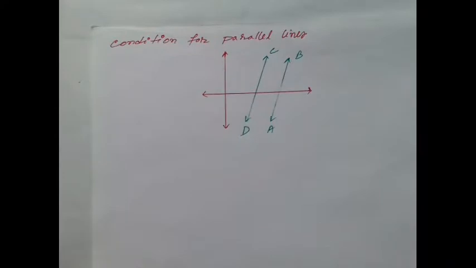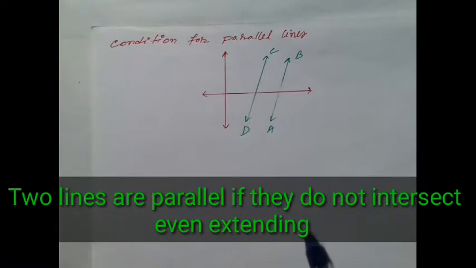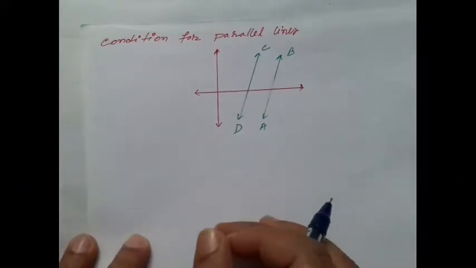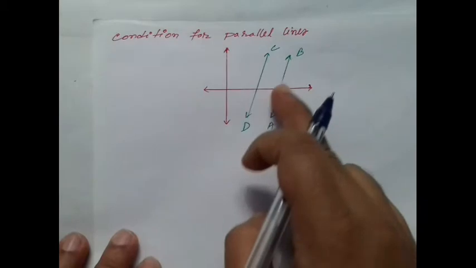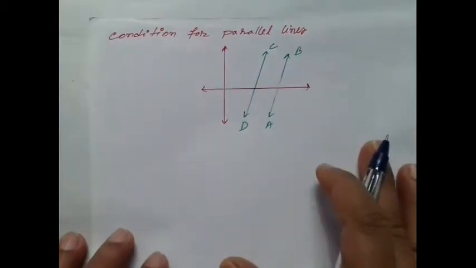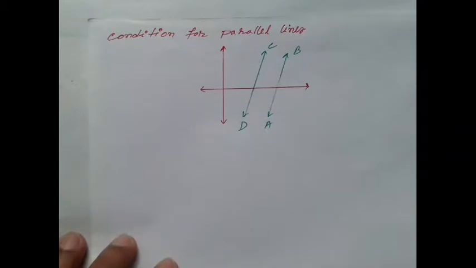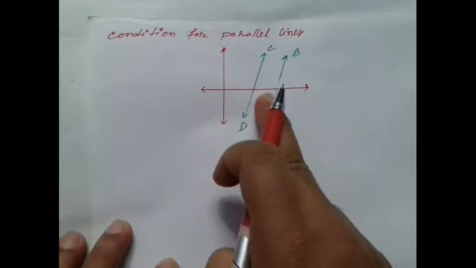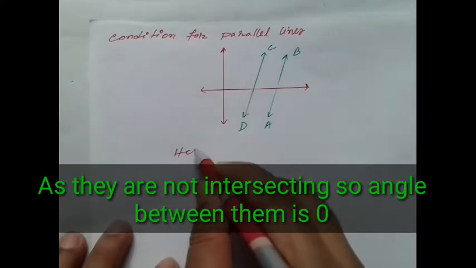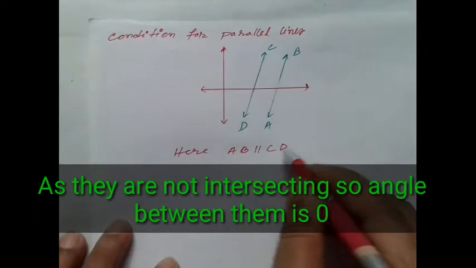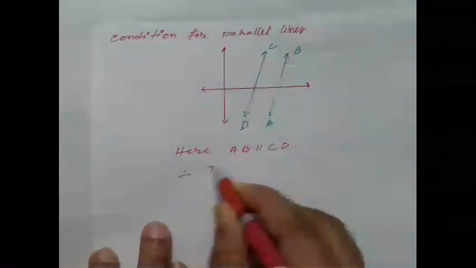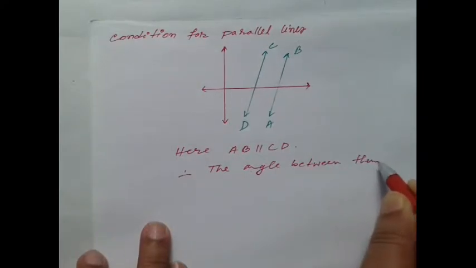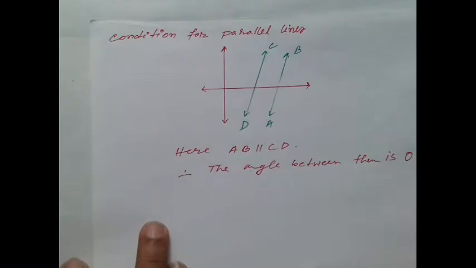We have learned that two lines are parallel if they do not intersect, even extending in both directions. So the condition is that they are not intersecting each other, so the angle between them is 0. They are not making any angle between each other, so the angle between them is 0. Here AB parallel CD, therefore the angle between them is 0.